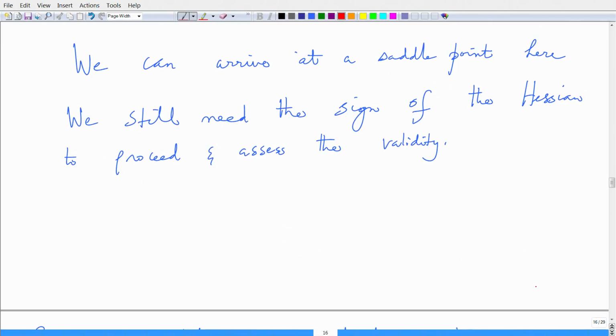So what we have from this is that we can arrive at a saddle point, and we still have to infer the sign of the Hessian to proceed for assessing whether it is a minima or a maxima.